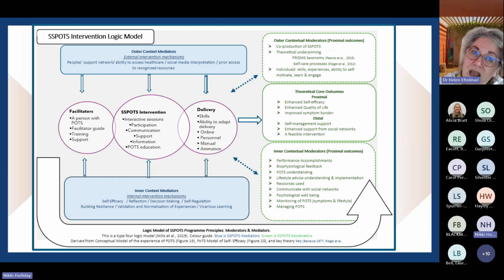So the one important thing I just want to mention, I'm not going to go through this all, but the complex intervention framework for healthcare interventions identifies the importance of having logic models to understand why interventions work, under what context, and what the inner mediators are that we can potentially influence within interventions, things like, for us, validation, reflection, self-efficacy, and that there can be outer mediators that you really don't have any control over.